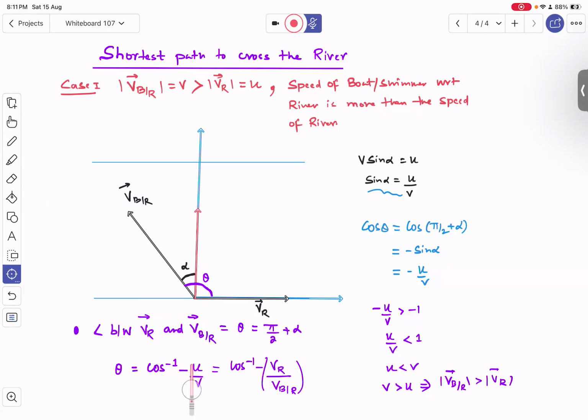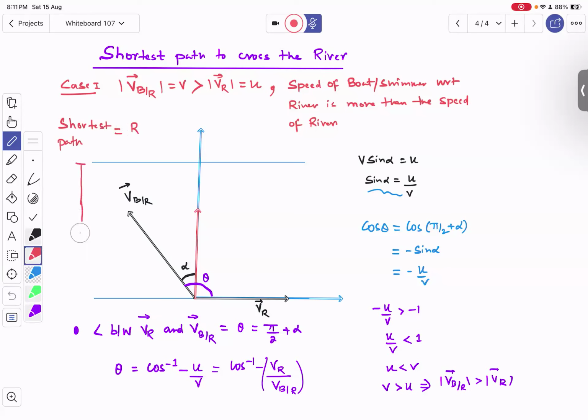So this formula of theta is defined only in this case, no? In the other case, the shortest path is easy to find. The shortest path will be equal to the river width, for which we use the symbol B. So this case, we know it already.